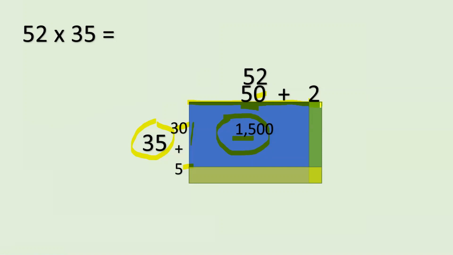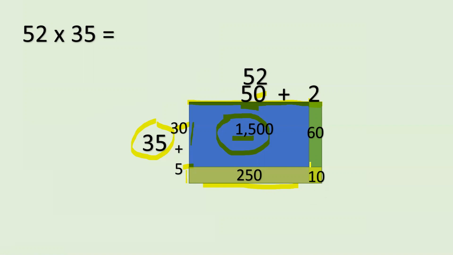Well, we have a 2 on top and a 30, and 30 times 2 is easy. 30 times 2 is 60. This one would be 5 by 50. Well, 5 times 5 is 25. Add your 0. And then over here, we have 2 times 5.